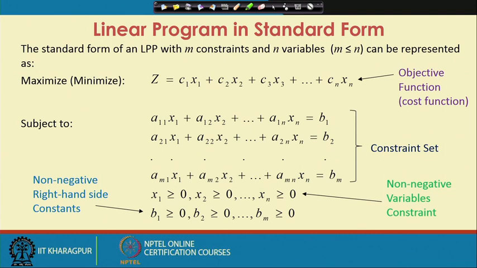So, either maximize or minimize, oftentimes we talk about minimization only, because we know the maximization can then be obtained by just taking the negative sign of the problem. So, the objective function z equal to c 1 x 1 plus c 2 x 2 plus c 3 x 3 up to c n x n. The objective function is also known as cost function. So, c 1, c 2, c 3, c n, they are all numbers associated with cost.